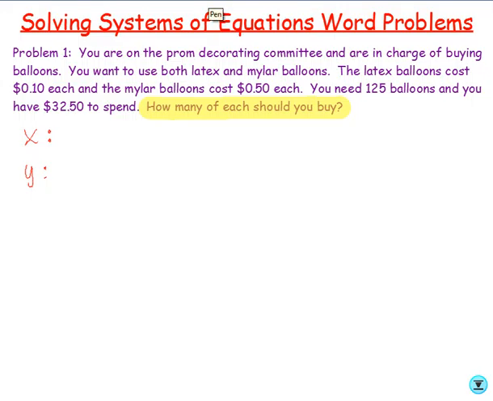When I say each, what am I referring to? I'm referring to your balloons. So what type of balloons do we have? We have latex and Mylar. That's what's going to represent your two letters. We want to know how many, so we're talking about the number of balloons.